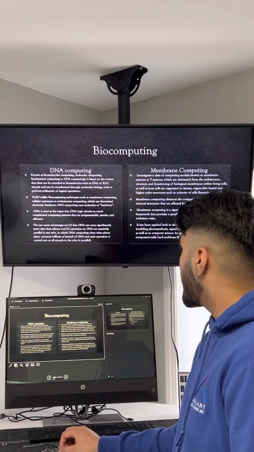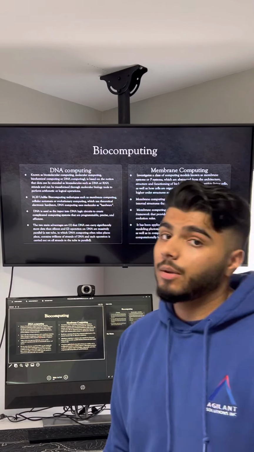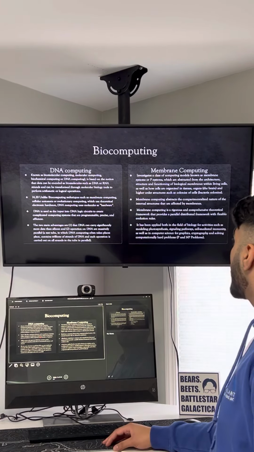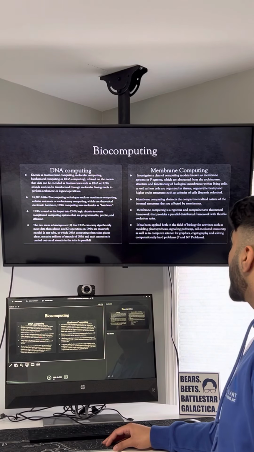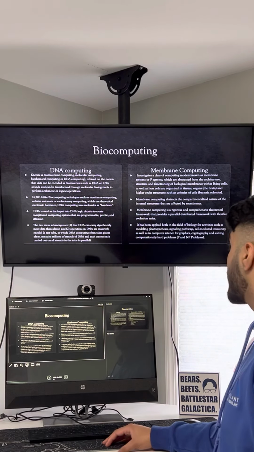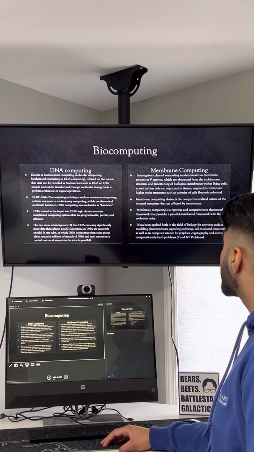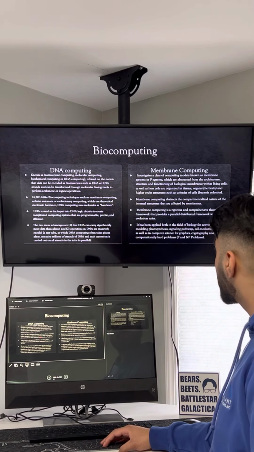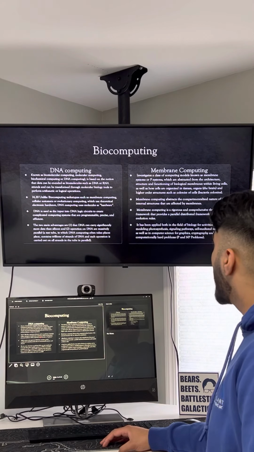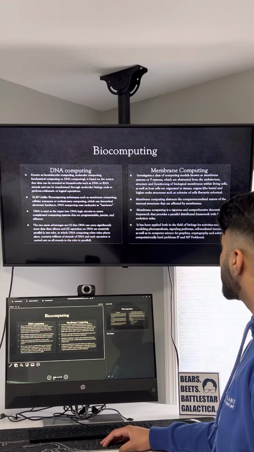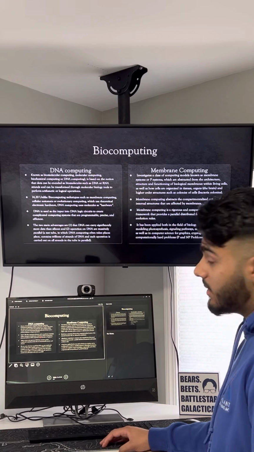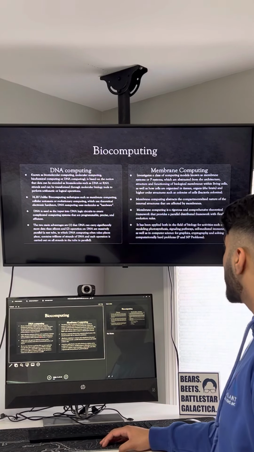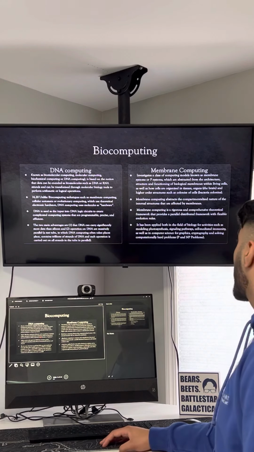Okay, and we're going to talk about membrane computing now. It investigates a class of computing models known as membrane systems, or P systems, which are abstracted from the architecture, structure, and functioning of biological membranes within living cells, as well as how cells are organized in tissues, organs, such as the brain as well, and higher order structures such as colonies of bacteria.